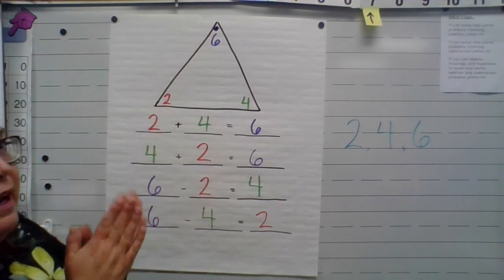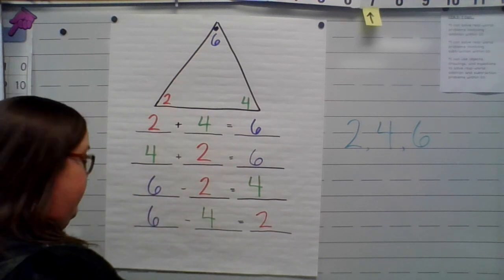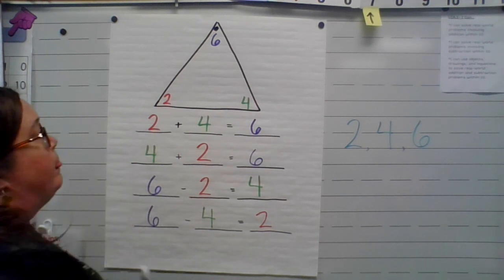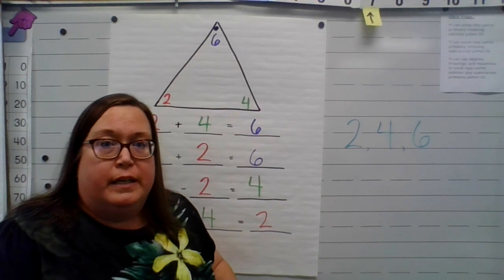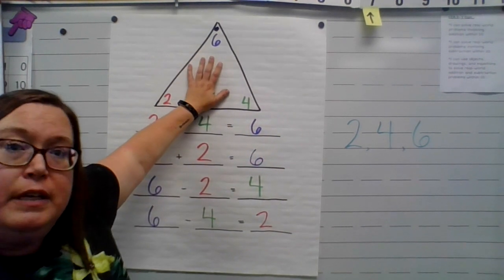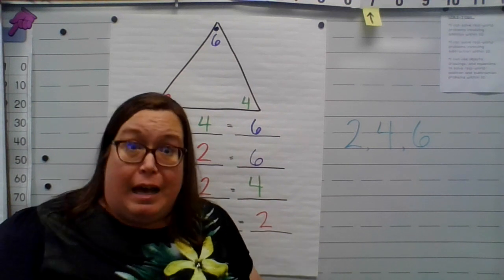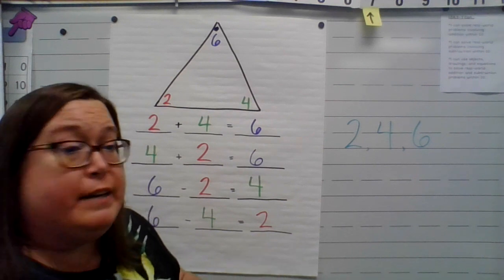All right. One other thing that I want to show you. I need to get my dry erase marker. Sometimes we can represent a fact family using fact triangles, but sometimes fact families can be shown using dominoes as well. Just a different way to show the number in the fact family.